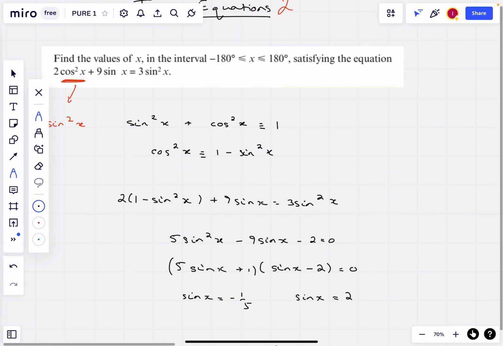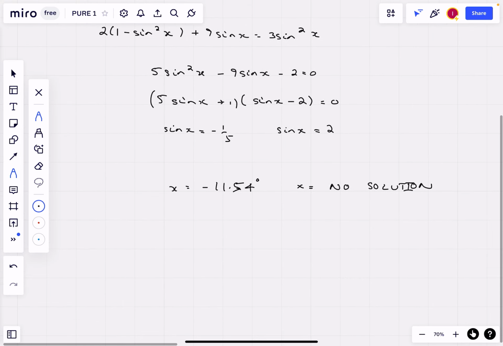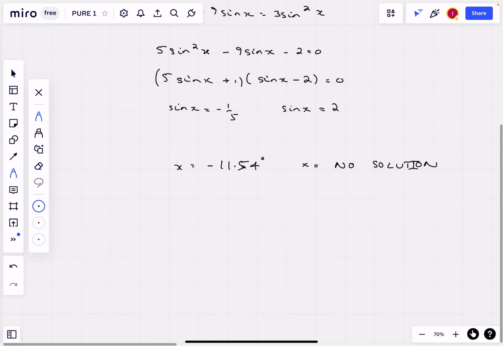In this case, it says the interval is from minus 180 to 180. From here, we're going to use the CAST diagram, but in a slightly different way to how I've done it in the previous videos.